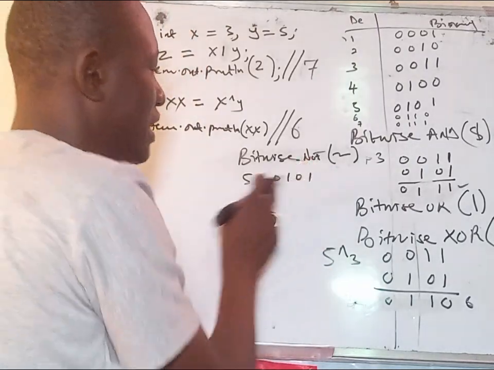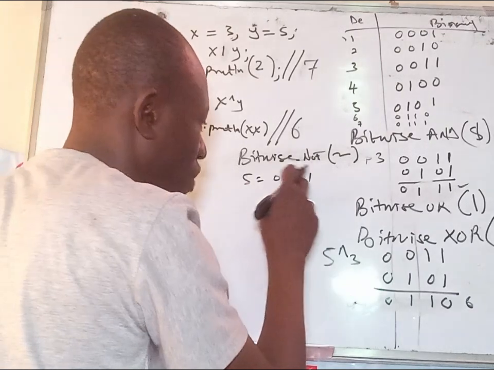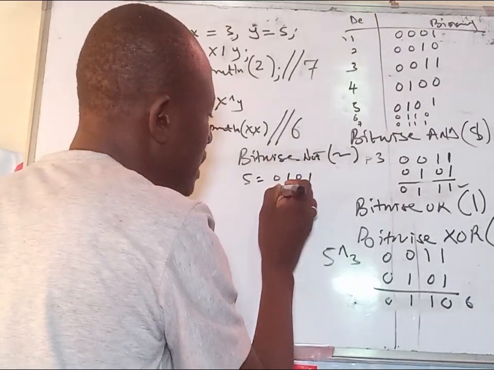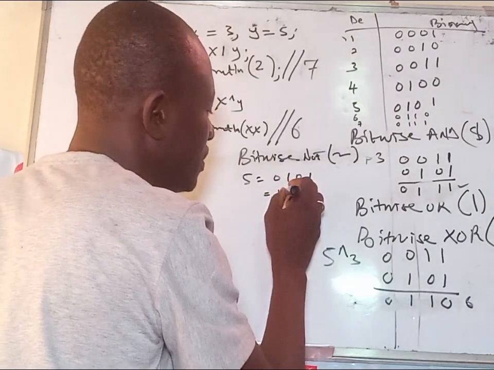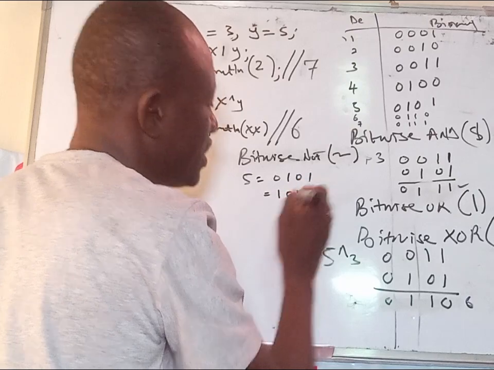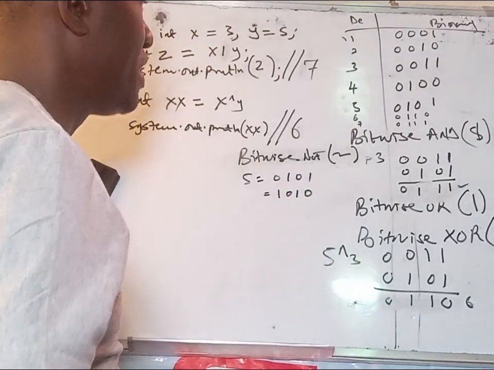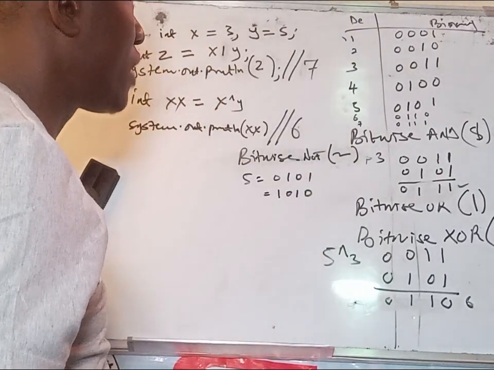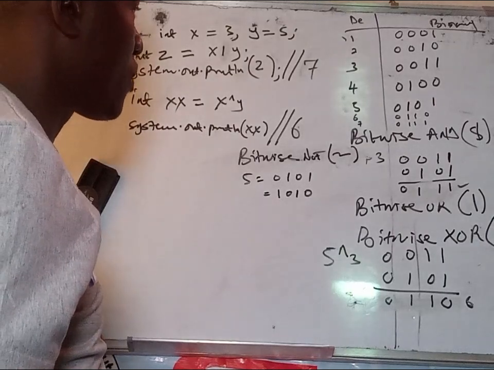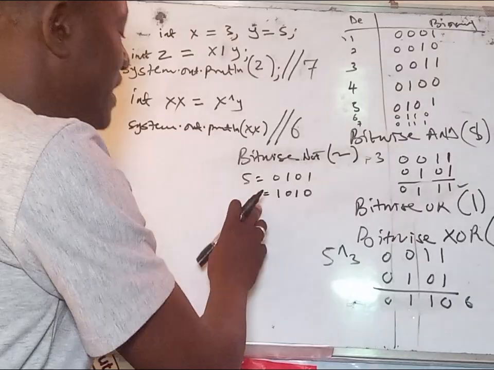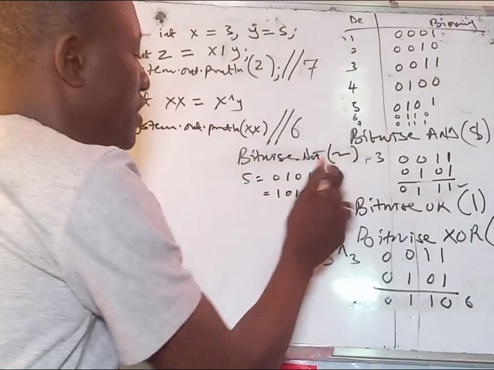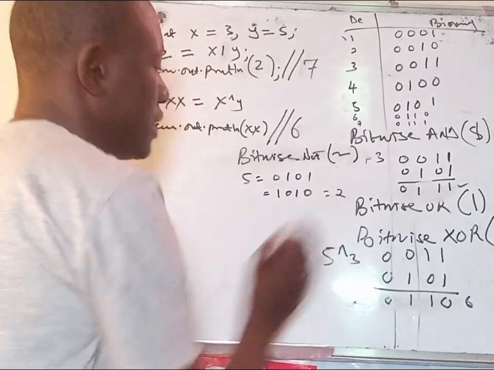Now having a bitwise NOT operation of this 5, it is going to be 01010. So with this, you see which binary number we are having here? This 1010 is going to be 20.